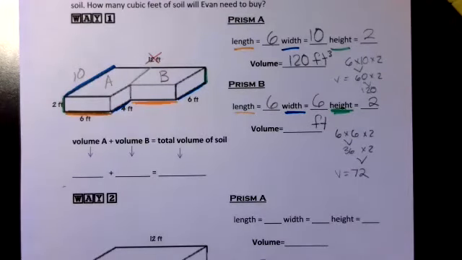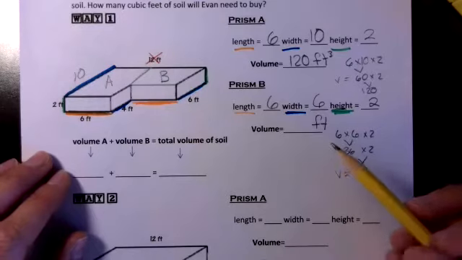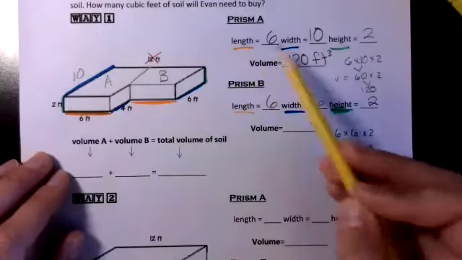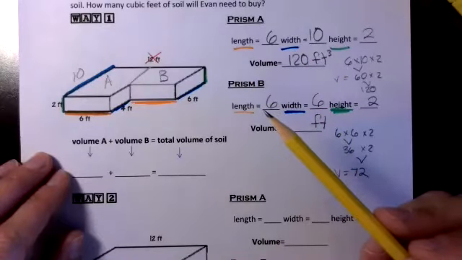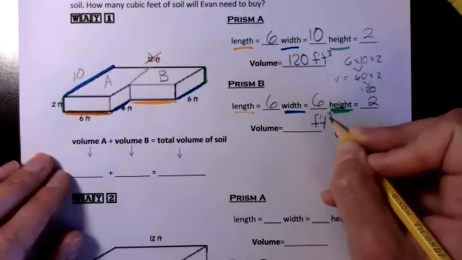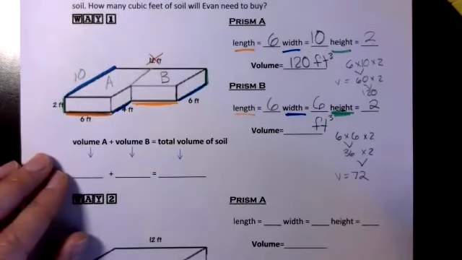So if that's 2-dimensional, what's this one? Well, how many dimensions do we have for volume? 3. Yeah. So if it's 3 dimensions, it's cubed, to the 3rd power. Good. So you say cubic feet. Yeah, cubic unit. Yep, you got it.